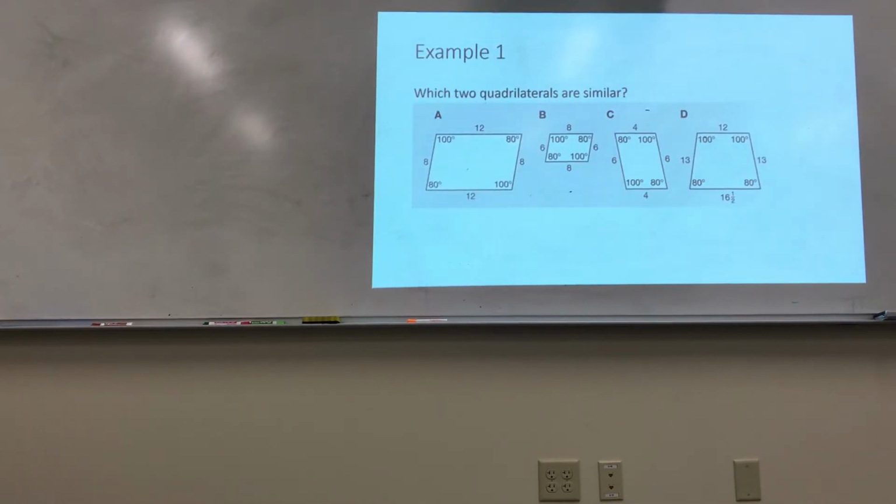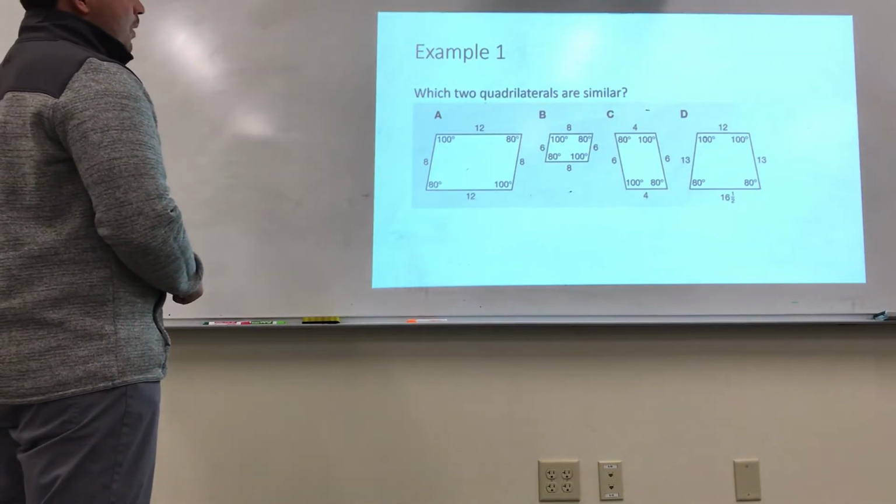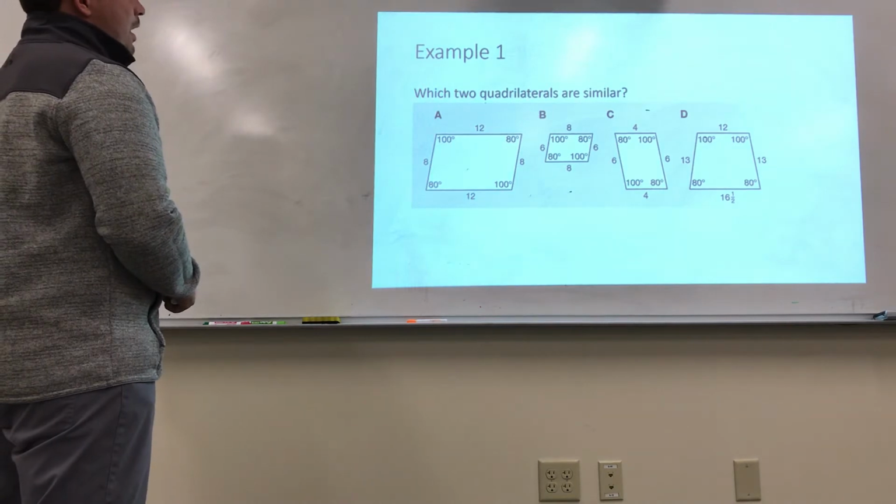Which two quadrilaterals are similar? Similar meaning they are the same shape, their angles are the same, but their measures are proportional, not equal.